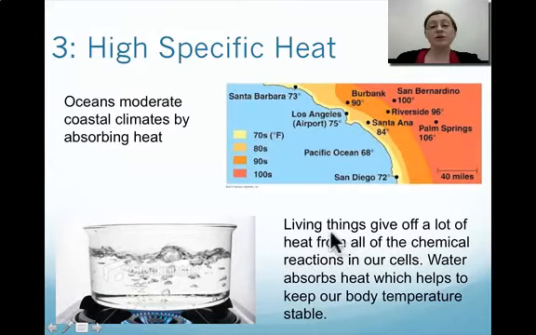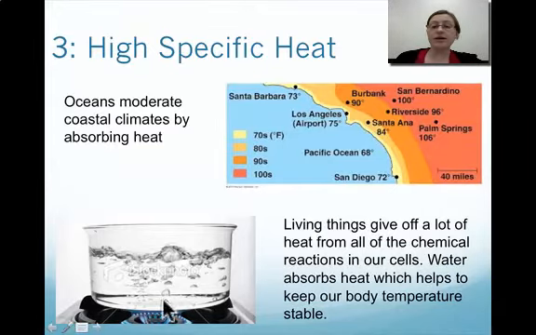Okay? Also, within our own bodies, it's really good that we can moderate temperature. Think about the fact that you are constantly generating heat from all of the chemical reactions in your body. And what would happen if that heat wasn't absorbed by the water in your body? Why, your temperature would be off the charts.